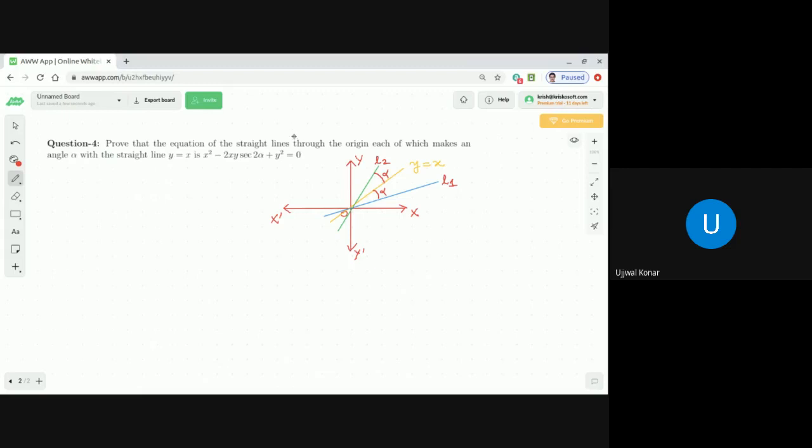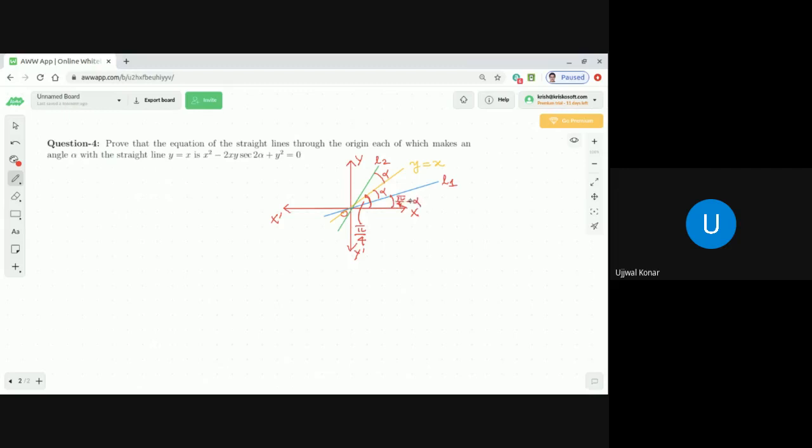That straight line y equal to x makes an angle pi by 4 with the x-axis, because its slope is 1. So this angle is pi by 4. If this angle is pi by 4, then the straight line L1 makes an angle pi by 4 minus alpha.